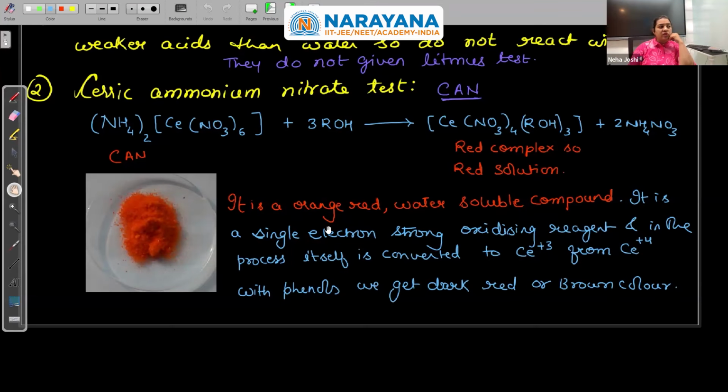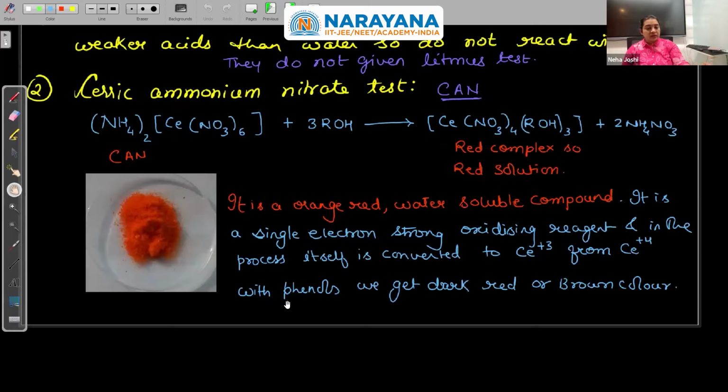We are interested in this. It is a single electron strong oxidizing agent. CAN is a very, very important oxidizing agent, and in the process itself it is converted from cerium 4 plus to cerium 3 plus because it is reduced.